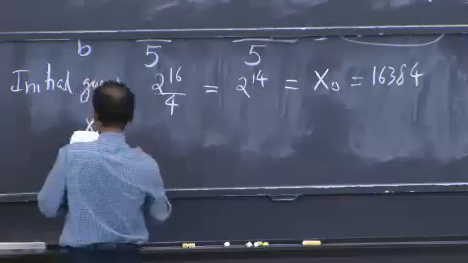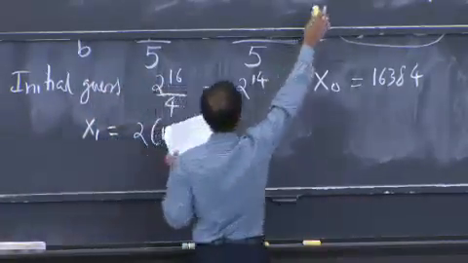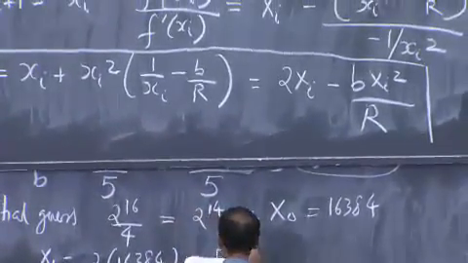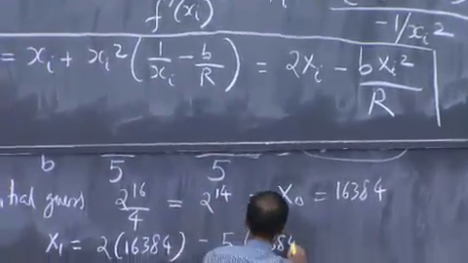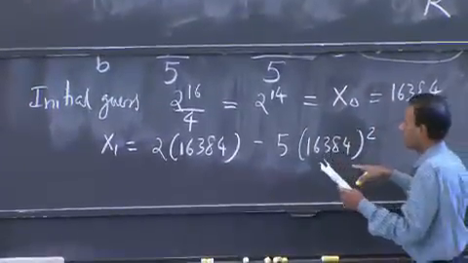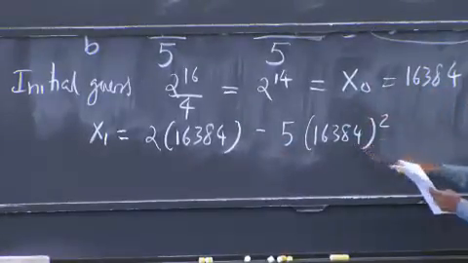X1 is going to be 2 times 16384, minus 5 times 16384 whole square. So now you're starting to square a fairly big number, and obviously if you started with an even bigger r, this would be a large number.